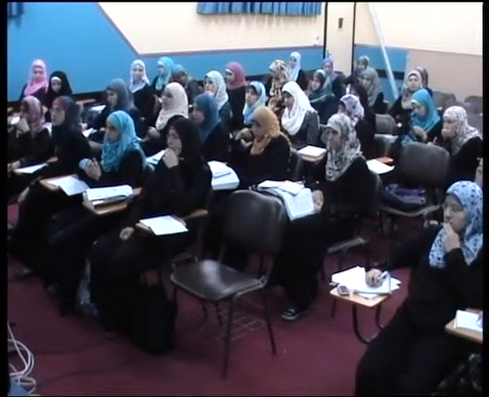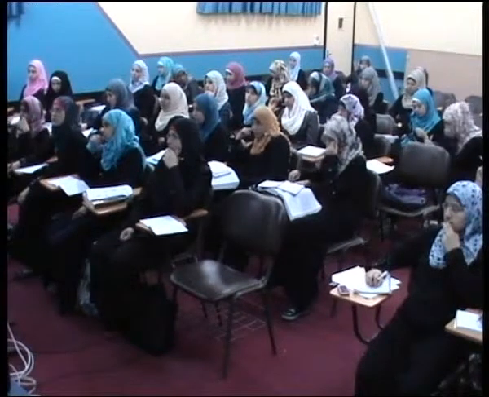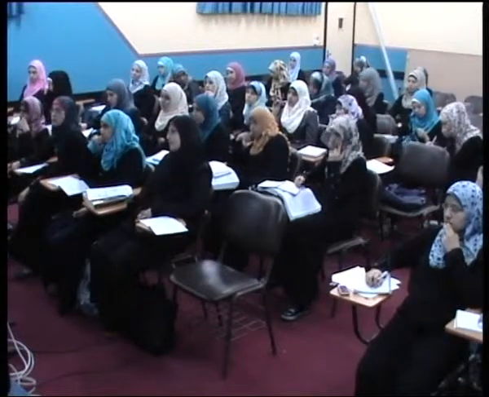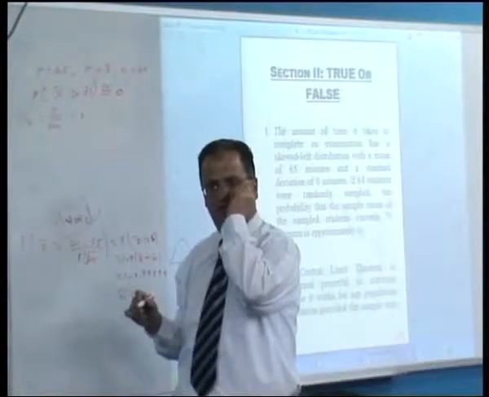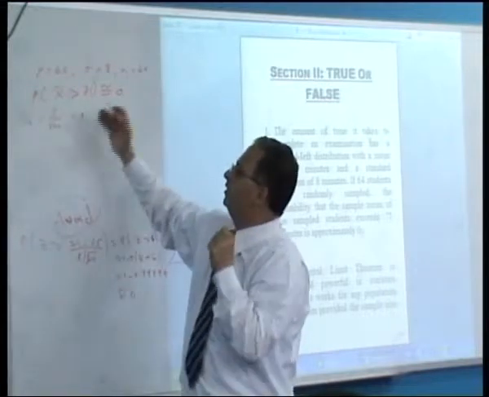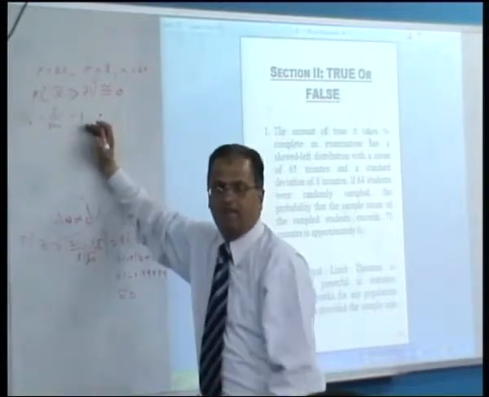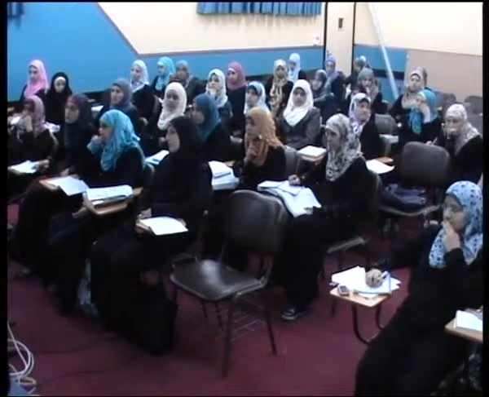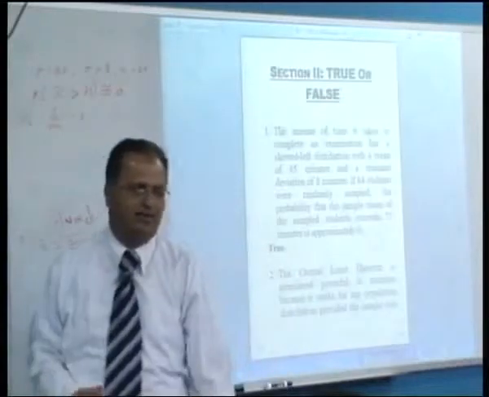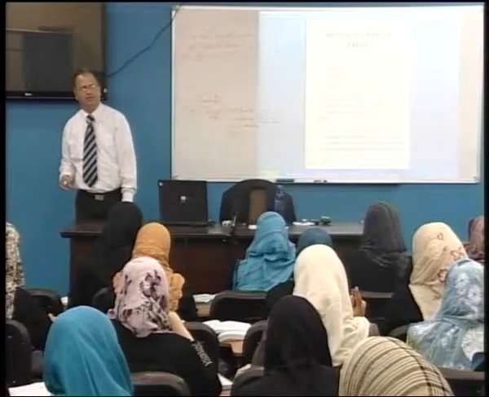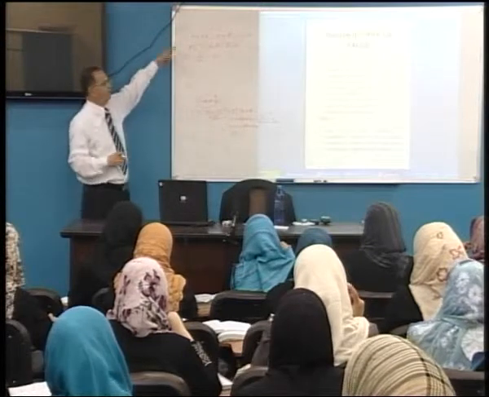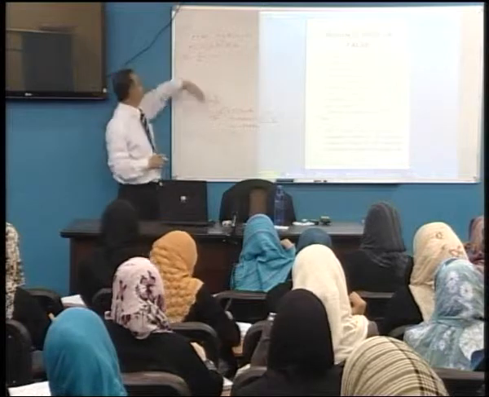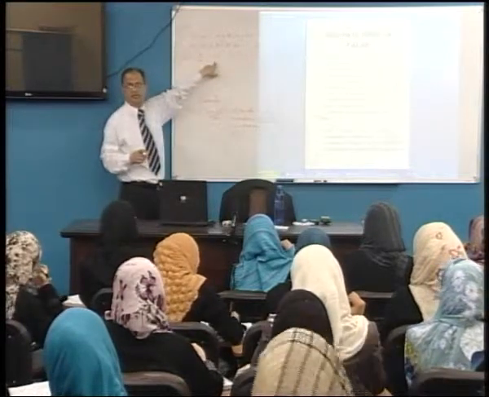So sigma of x bar is 8 divided by square root of 64, which is 1. The difference between 71 and 65 is 6, and 6 is 6 times the standard error of the sample mean.